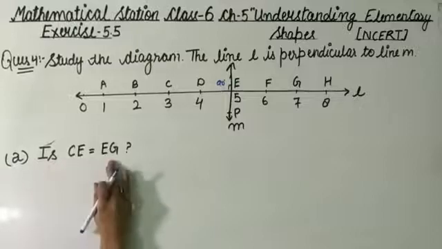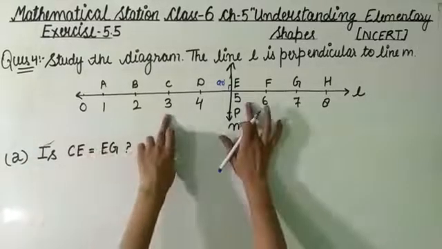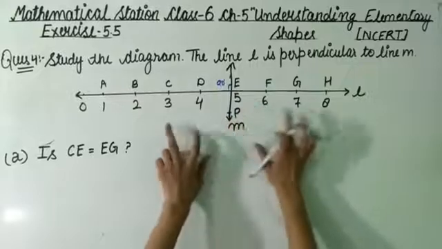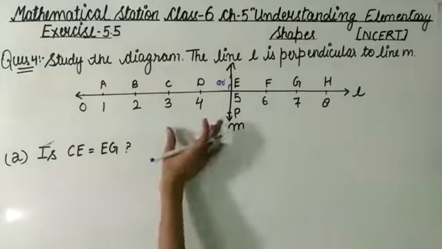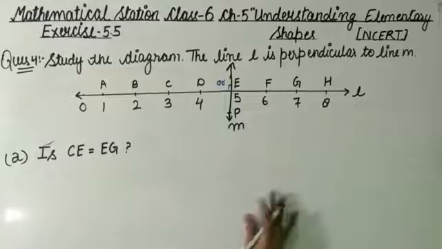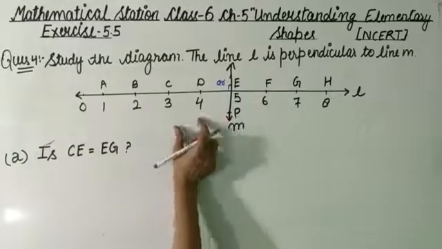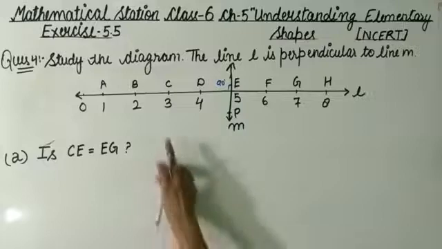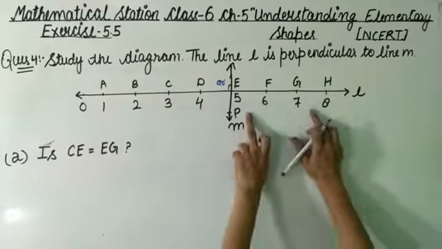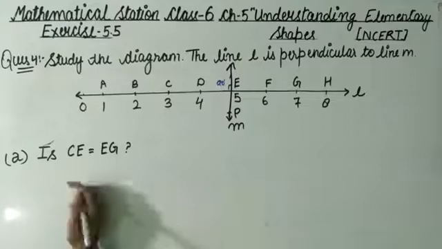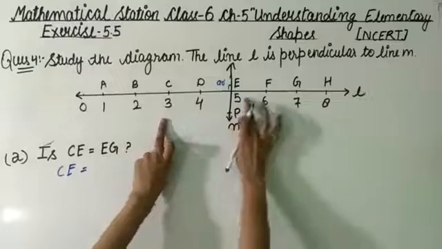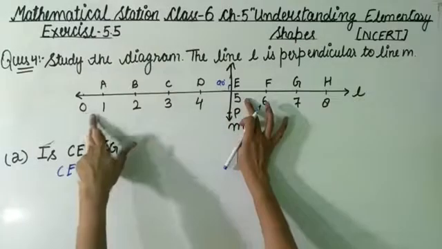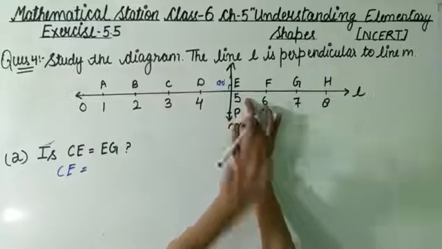Now part A is: is CE equal to EG? It means is this line CE equal to line EG. Now let us see their measure in units. When we measure CE, it is given from 0 to 5. Then this point E is on 5. From C to E, E is on 5 and C is on 3.